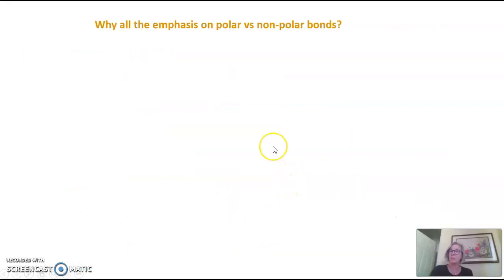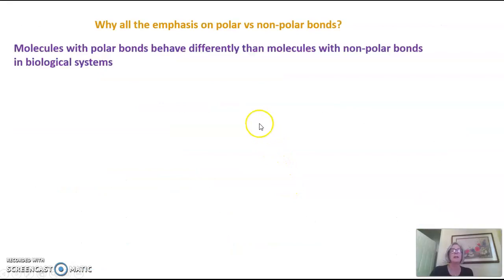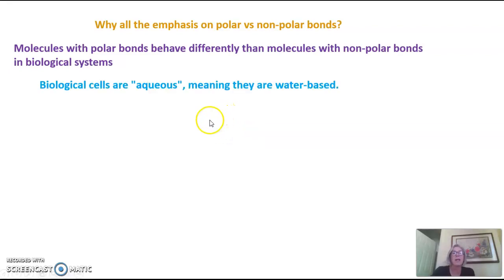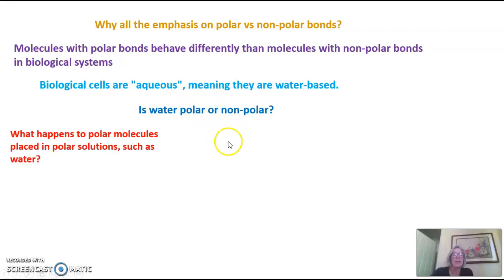Why all the emphasis on polar versus nonpolar bonds? Well, molecules with polar bonds behave very differently than molecules with nonpolar bonds in biological systems. Biological cells are called aqueous. That means they're water-based. Is water polar or nonpolar? You should all be jumping up and down and saying water is very polar.